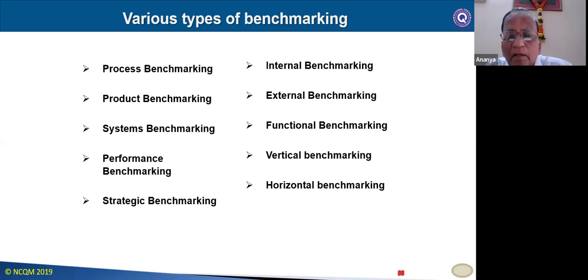So what is first? Just 1 minute. Number 2, external benchmarking, with the outside we do. What is the first technique? Let me tell you. Process.